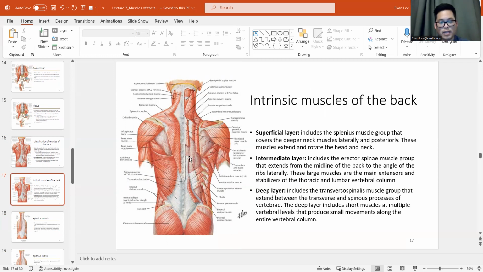But at the very least, you can see a little bit of superficial and intermediate, where there are back muscles that go to the head over here, and then back muscles that are very longitudinal, going along the back over here. So those would be the superficial and intermediate layers, where we can see some of your intrinsic back muscles.